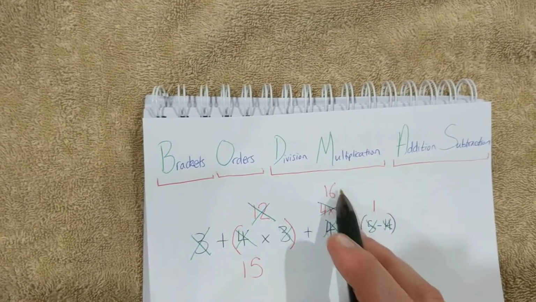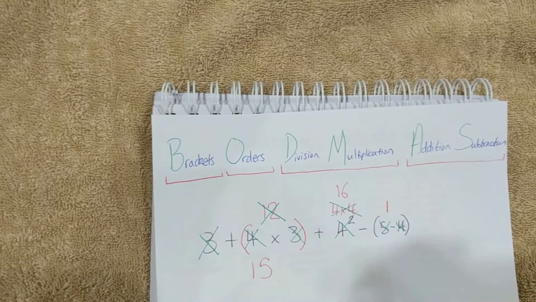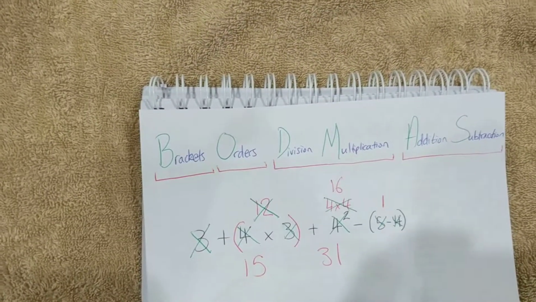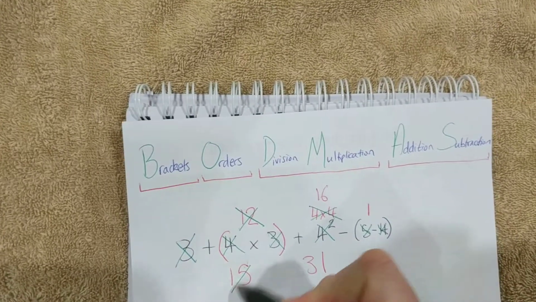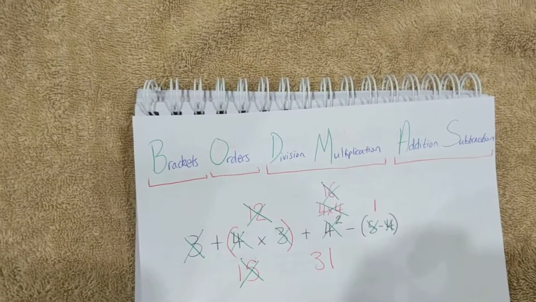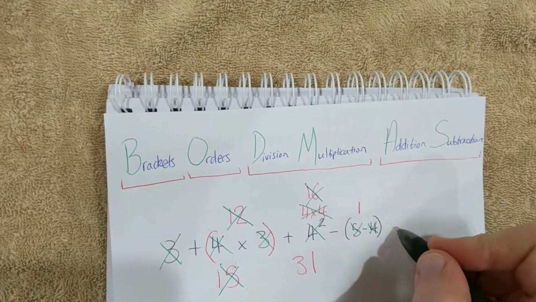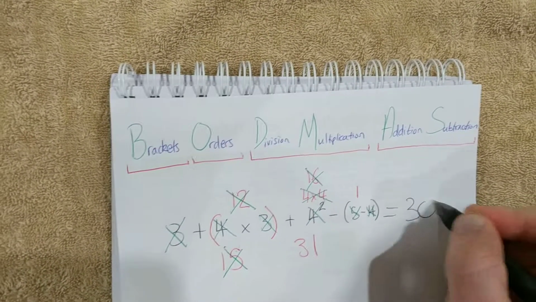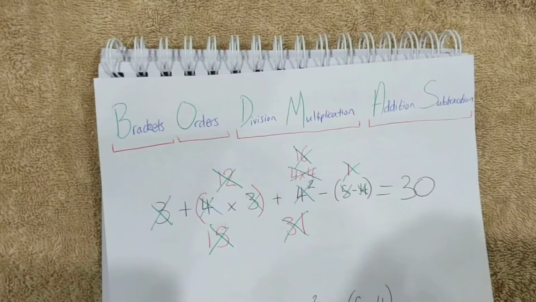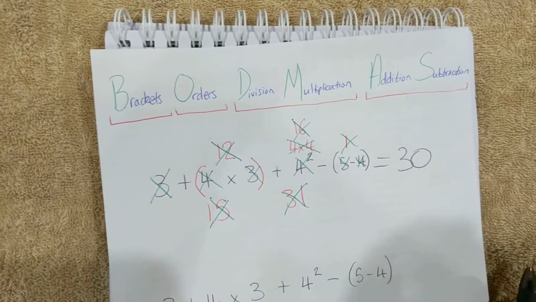So 15 plus 16 is 31. I can write that anywhere really as long as it's kind of there, and then I can indicate that that's done. And now I've got one more left, which is 31 minus 1, which is 30. And there's our answer, 30.